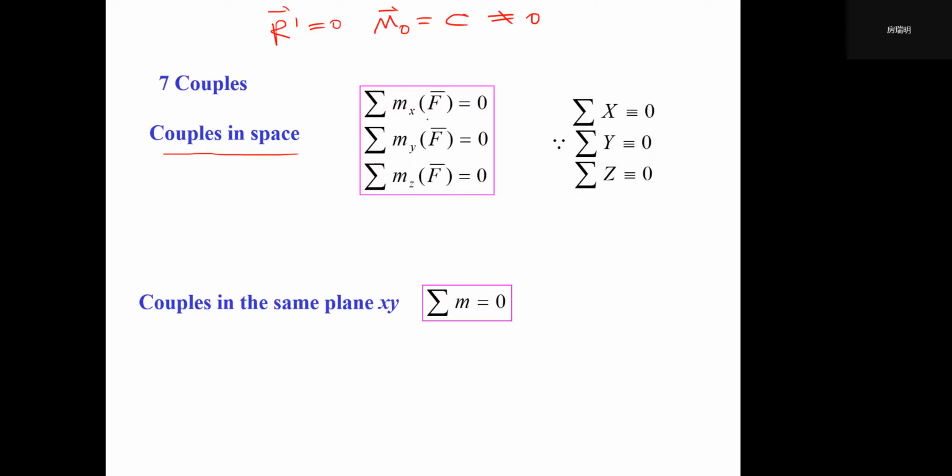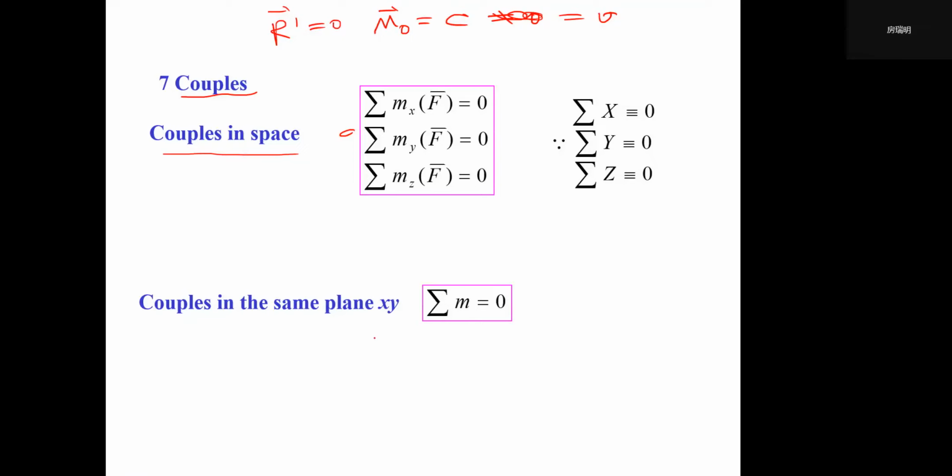One is this and this. But if it tells us this couple system is in equilibrium, that means this one is equal to 0. So its 3 components should be 0. So you guys just need an impression, that's enough. It's not important to us.